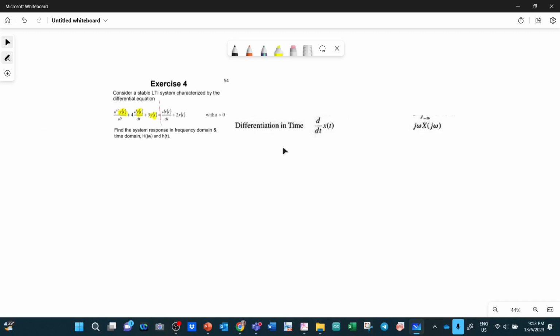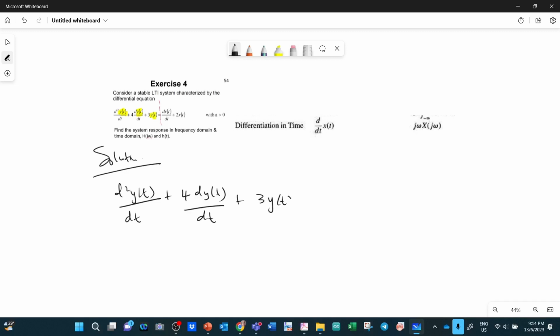Okay, so solution. Write out first the equation: d squared y over dt squared plus 4 dy over dt plus 3y(t) equivalent to dx(t) over dt plus 2x(t). Okay, so if you look at this, it's very direct.